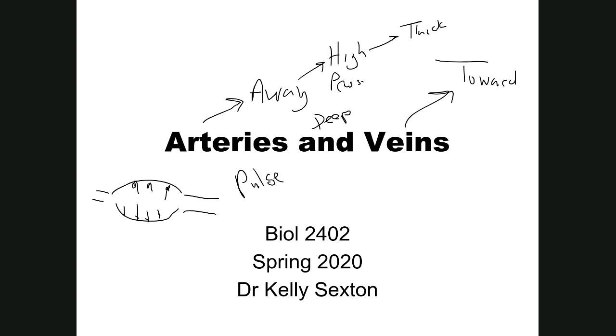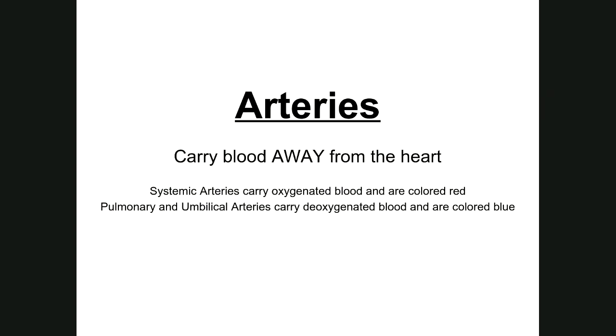And then veins, remember this, toward the heart. They're low pressure. And because they're low pressure, they're going to be thin. Remember, veins also have valves. Arteries do not. So let's look at some arteries and veins. Again, some of them are going to be red. Some of them are going to be blue.